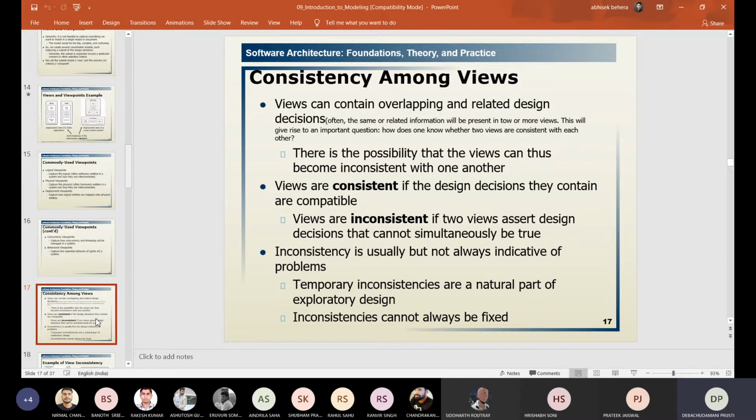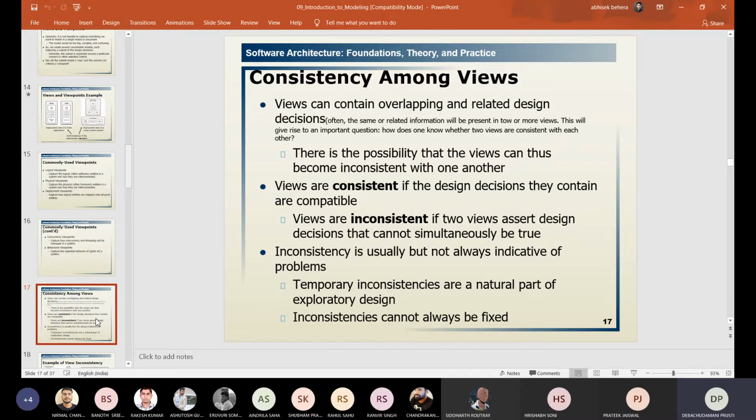Inconsistency is usually but not always indicative of a problem. Temporary inconsistencies are a natural part of exploratory design.